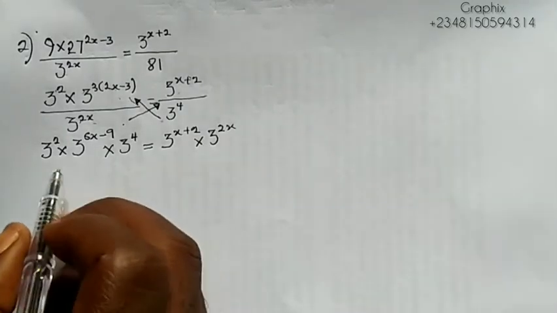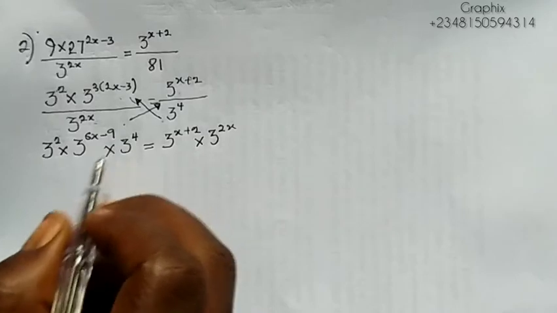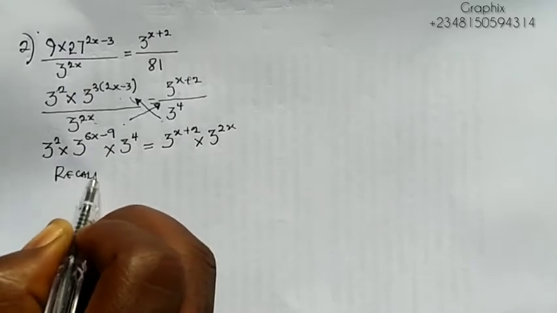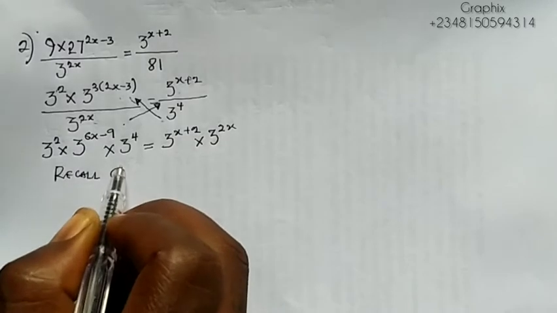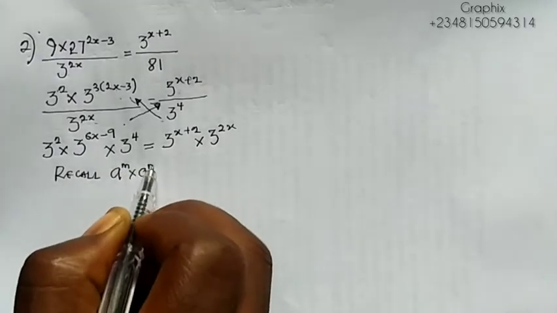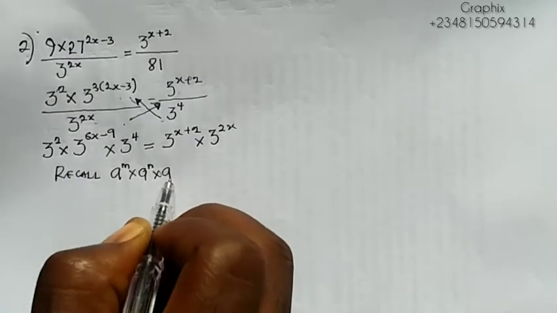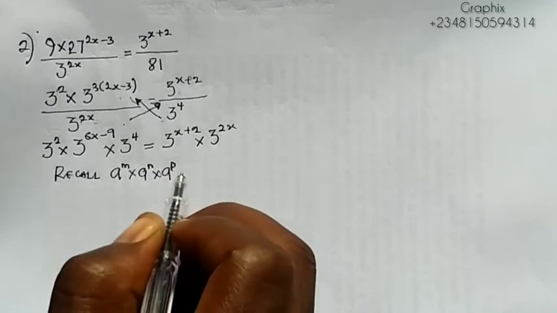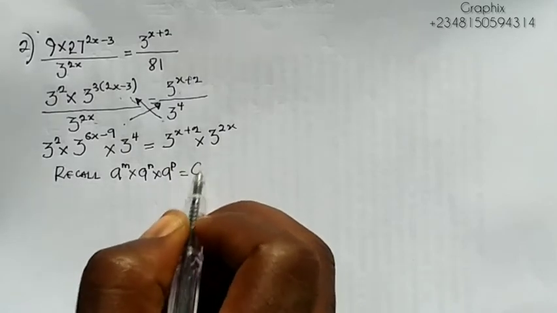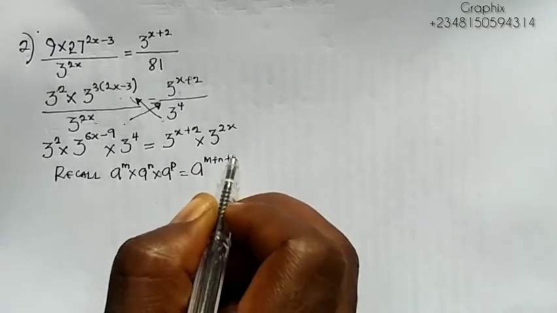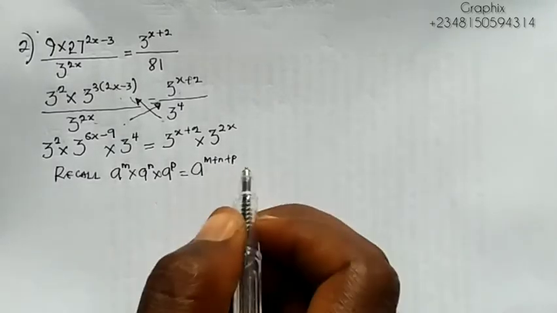Now from here, they all have the same base. Like I said earlier, recall when you have a to the n multiplied by a to the p, it's going to give me a to the power of n plus p. They're going to add all the powers.